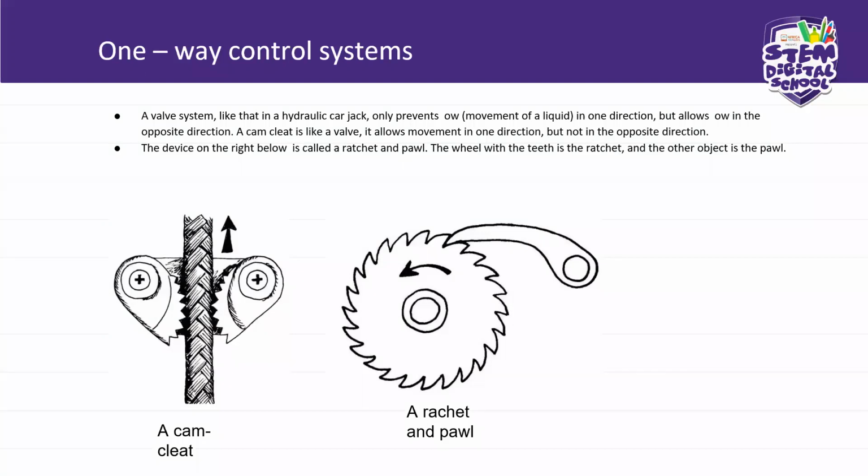Okay, when you press on the plunger, or when you, not the plunger, but when you press on the lever of the car jack, you apply force to the input cylinder. Then the input cylinder is pushed down.